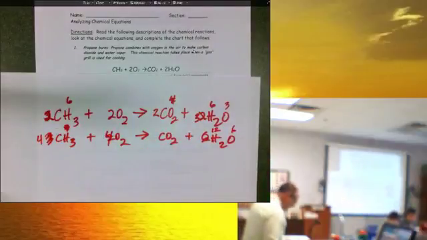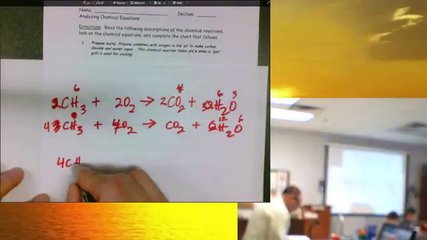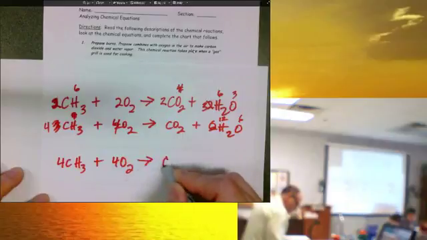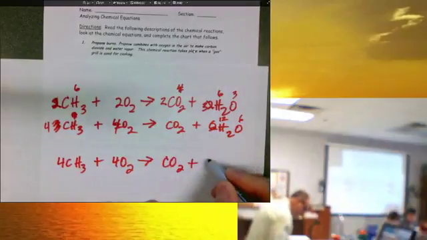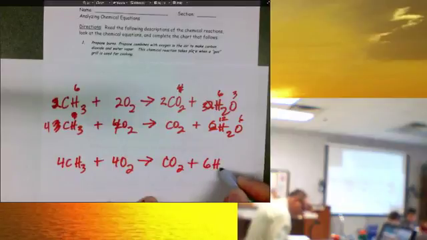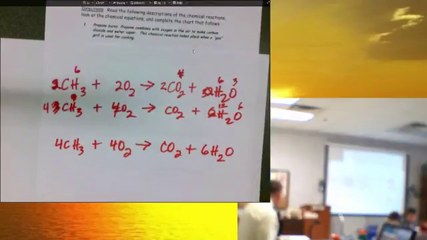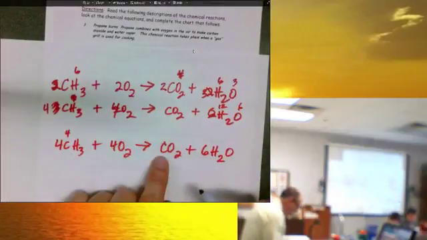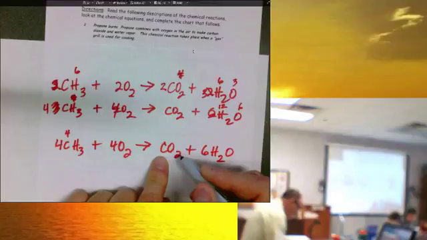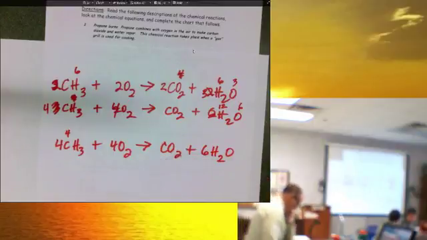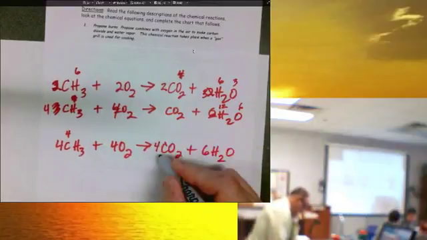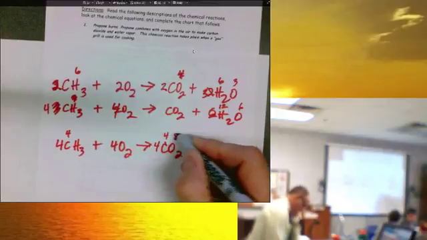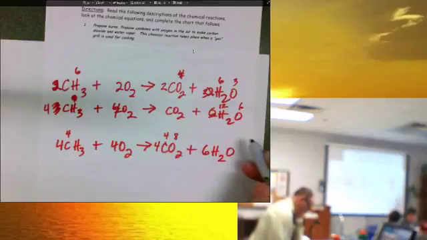Let me show you how I did that now. 4CH plus 4O2 will yield CO2 plus 6H2O. 4 times 1 is 4. So this is something still wrong. Okay, I have it here.